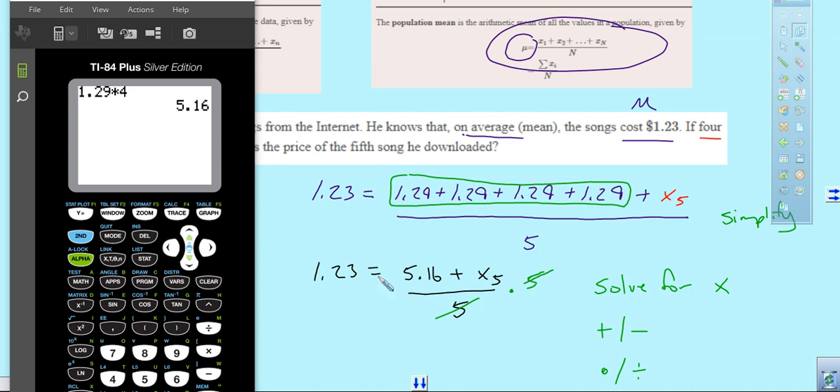Whatever we do to one side of the equation, we must do the same thing to the other side. So we pull out our calculator again and say 5 times 1.23. On the left-hand side, we have $6.15, which is equal to, on the right-hand side where the 5s canceled, 5.16 plus x sub 5.